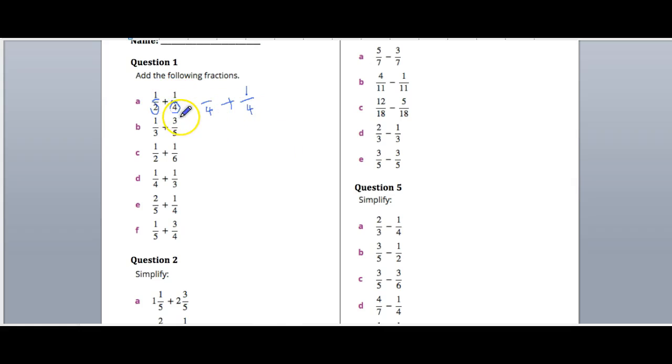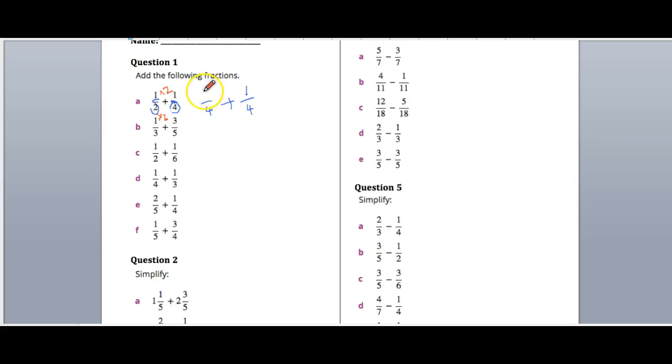And our second one was already over 4, so I don't need to change it. But you need to ask yourself, well, what do I multiply? I might put this in red. What do I multiply that 2 by to get to 4? I've multiplied it by 2. That means I also have to multiply the top by 2.